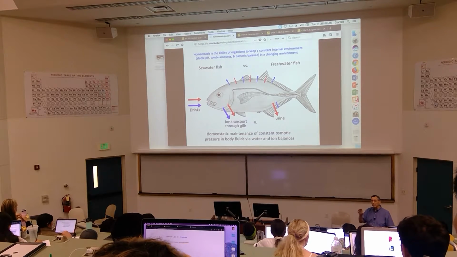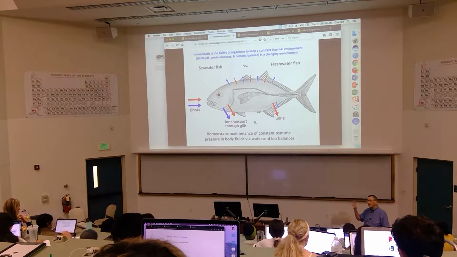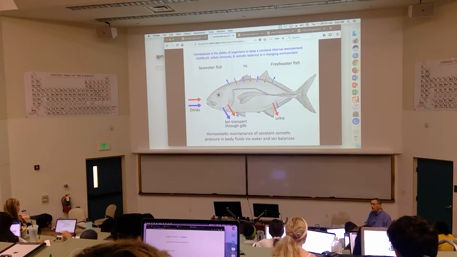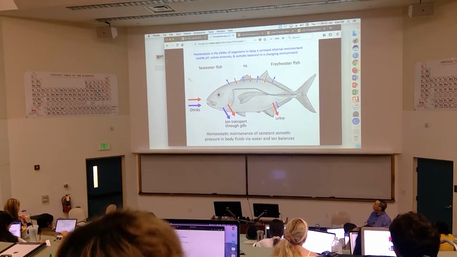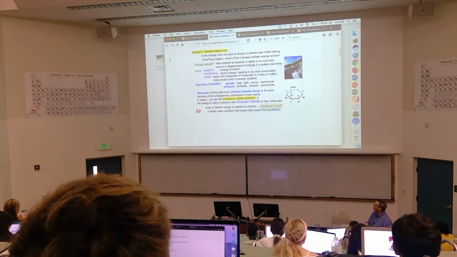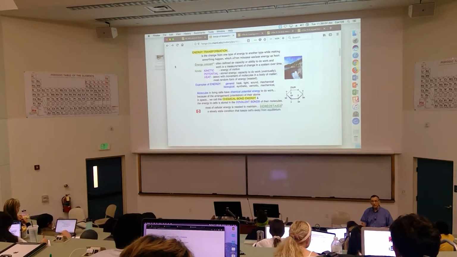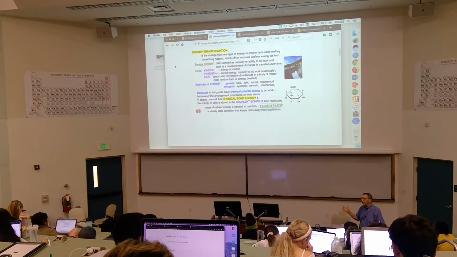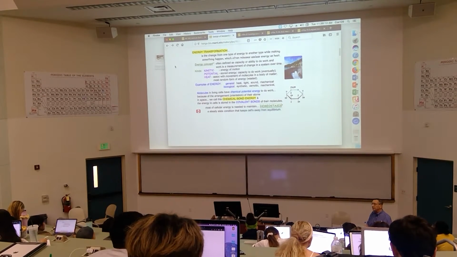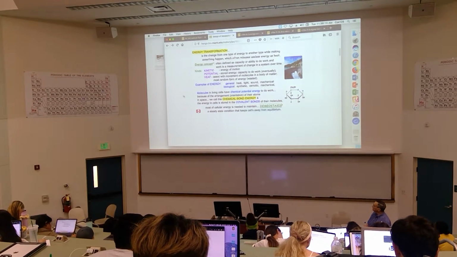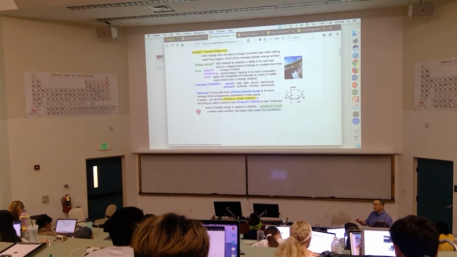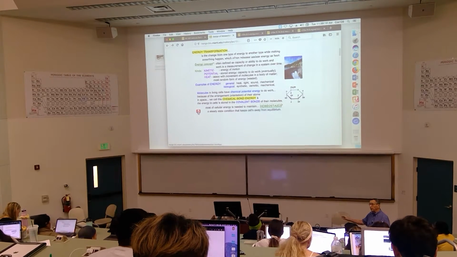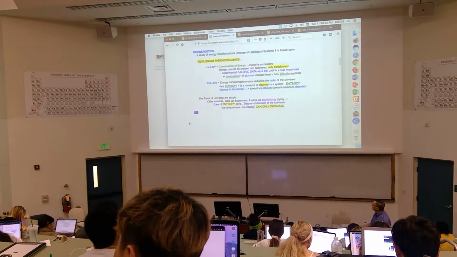But the energy to maintain the constant osmotic balance inside the fish, regardless of the external environment, is what we call homeostasis. It's how you maintain a constant pH in your blood and the like. That's where the vast majority of the energy is used. It's not for movement or any of the other things, but to maintain a condition that is far away from equilibrium. And as long as you can do that, you're going to remain alive.